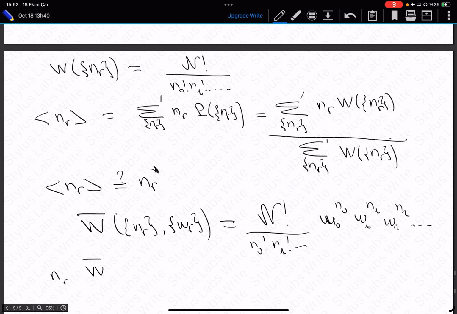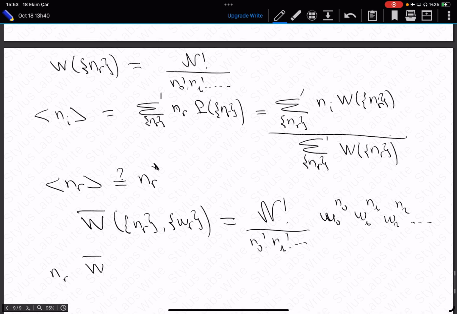well, let me also make one small change. This is ni. The reason why I make that change is when I show you this symbol nr in curly brackets, it's just a collection of numbers. Ni is just one of them, the one corresponding to the ith state among those nr numbers. So that's why I would rather use the symbol i. Now this ni omega bar is basically omega i del over del omega i of omega bar.